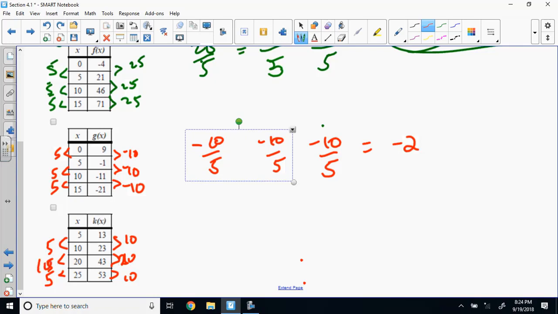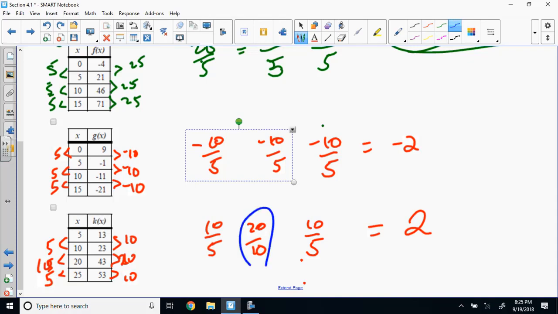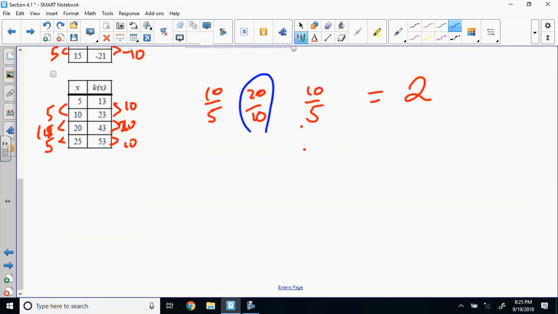So 10 over 5, 20 over 10, and 10 over 5. That's still 2, right? What did they throw at you right here? They went up 2. So sometimes this right here won't fall out, right? Let me make that go up and you'll see it. And then let me clean it up.